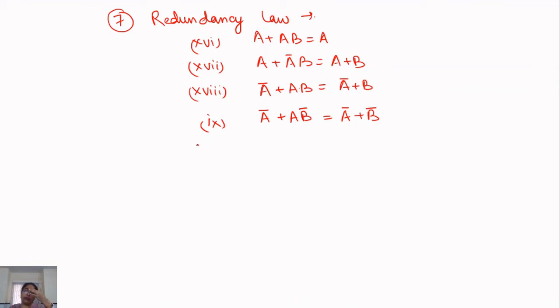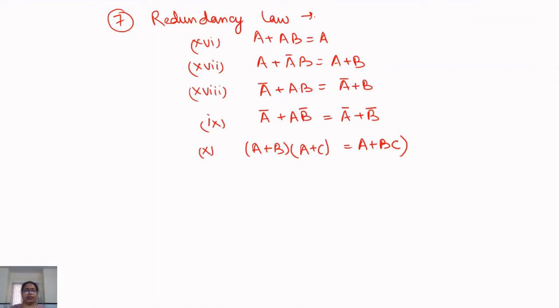You have to cram it. This is for BTech students, you just cram it. Then A plus B into A plus C is equal to A plus BC. So these are the redundancy laws. These are some of the laws under Boolean algebra.